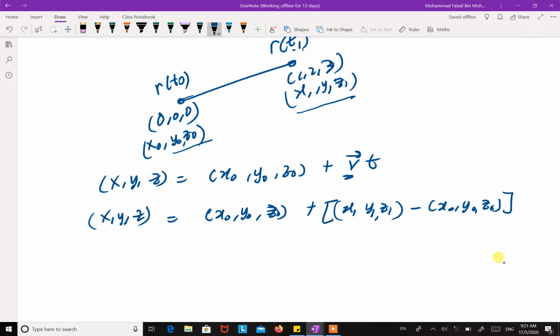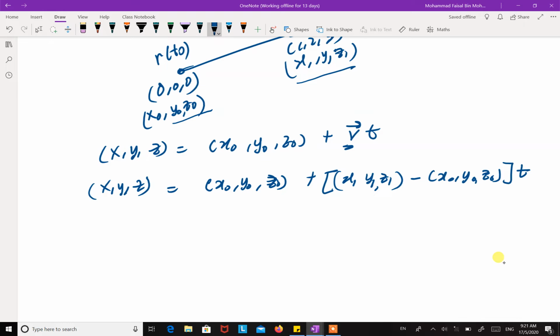This is the parallel vector times t. So your x, y, z will be 0, 0, 0 plus 1, 2, 3 times t.